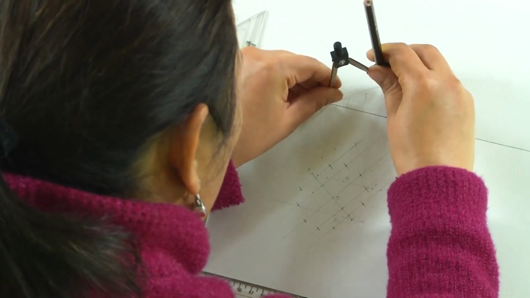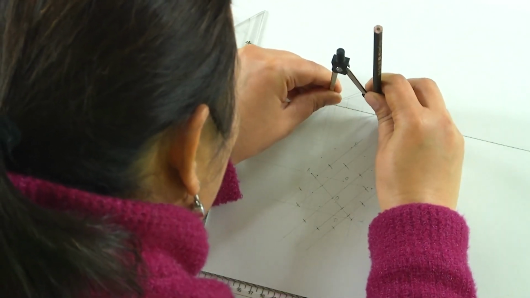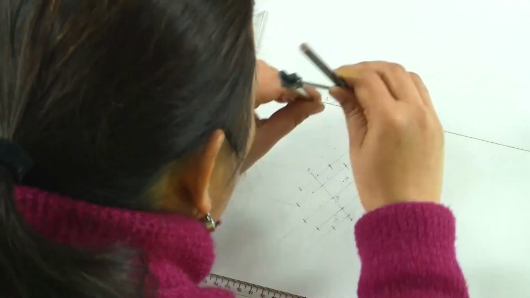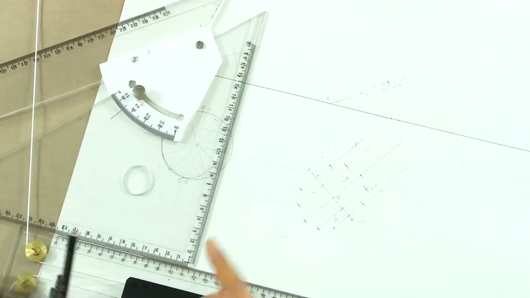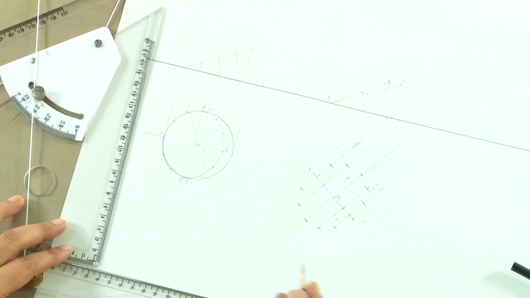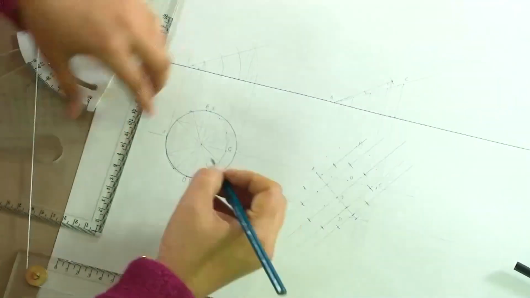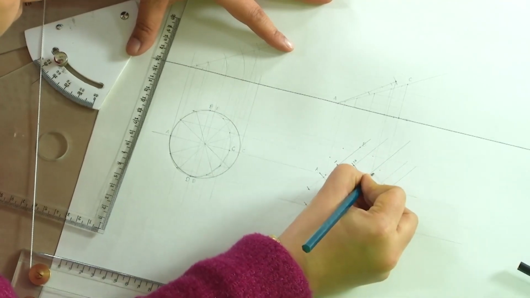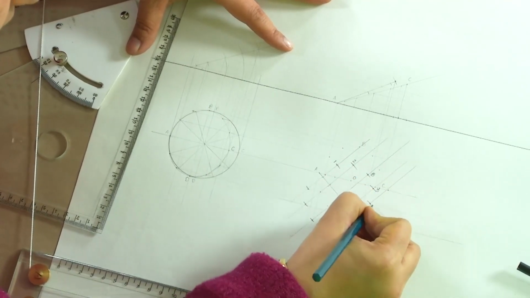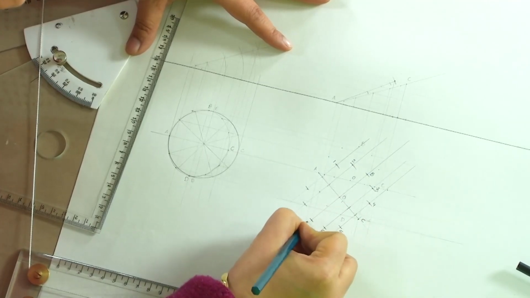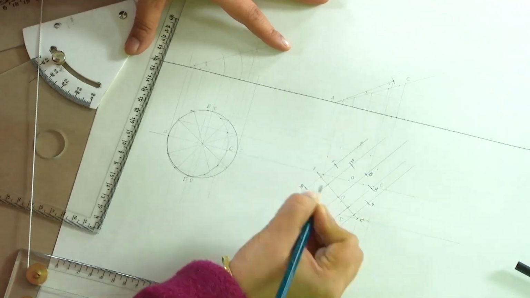We will transfer the horizontal trace of each of these points here, and what we will get is these lines passing through the horizontal lines. So, we have the horizontal trace, and from here we will take back the vertical trace. So, what if I mark these here starting from this? So, this is 1, 2, this is B, 3, 4, C, 5, 6, D, and 7, 8.